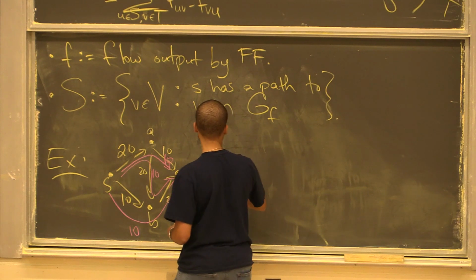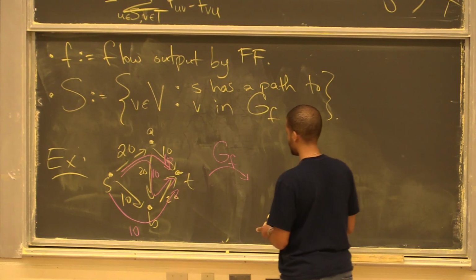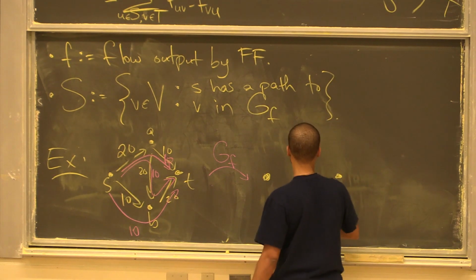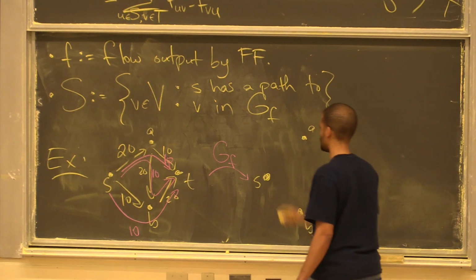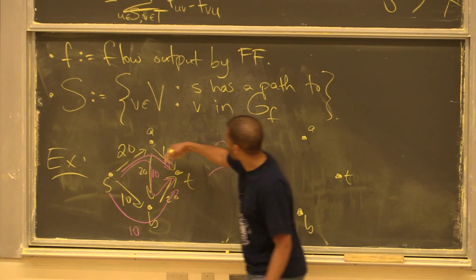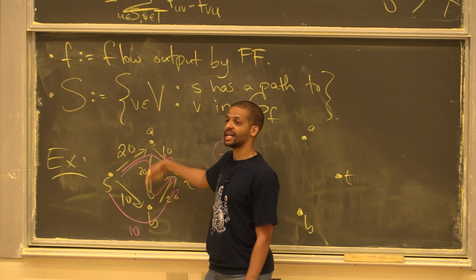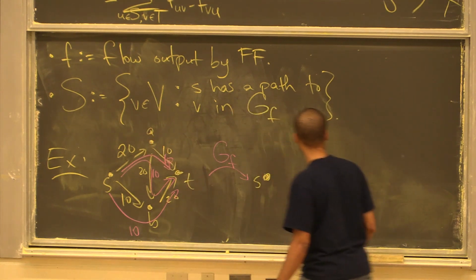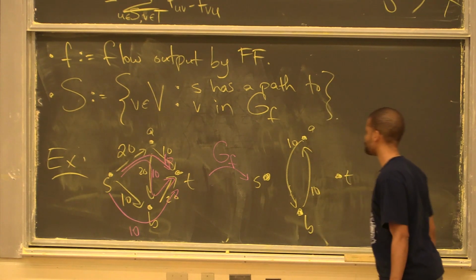So what does G_F look like? Well, it has the same vertex set. We've only used 10 of the capacity in this down edge, which means we have 10 left, but we also have 10 reverse capacity. So we have 10 this way and 10 this way.